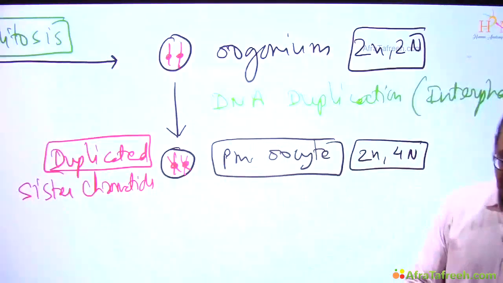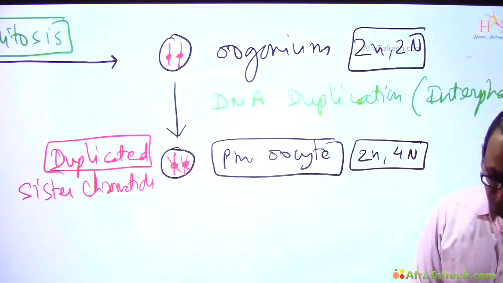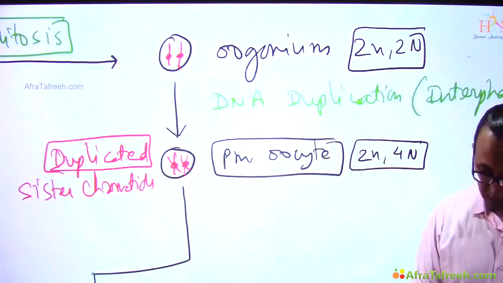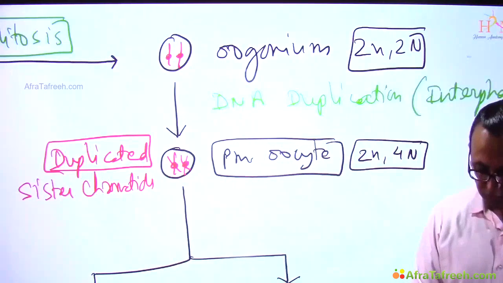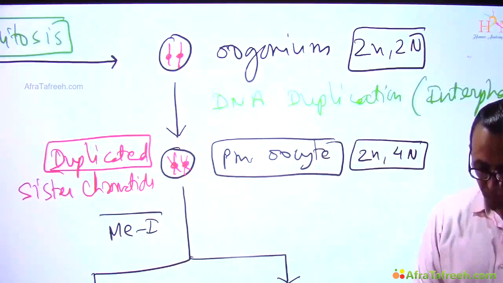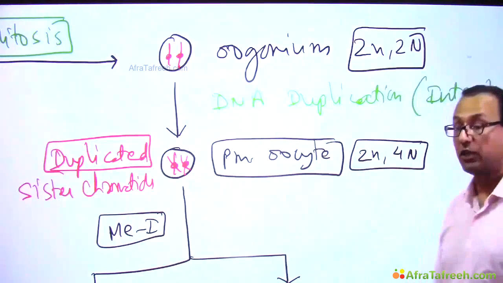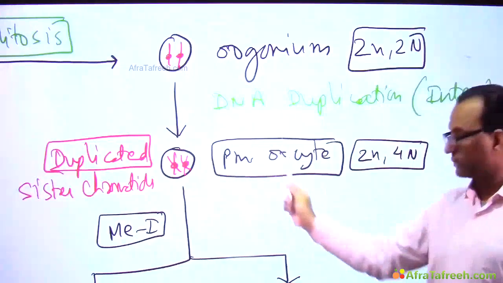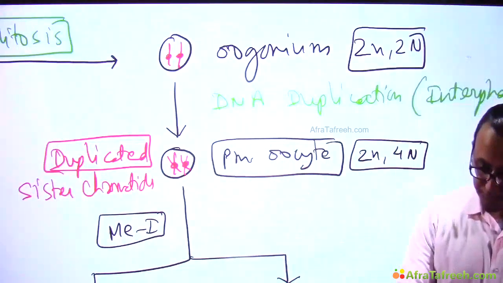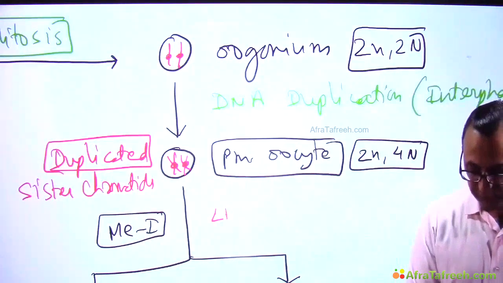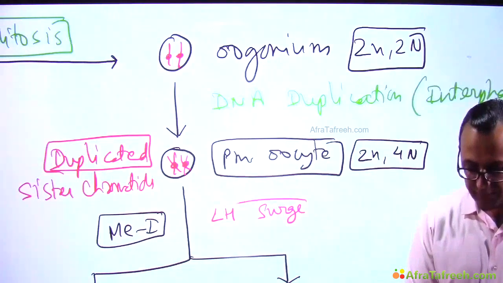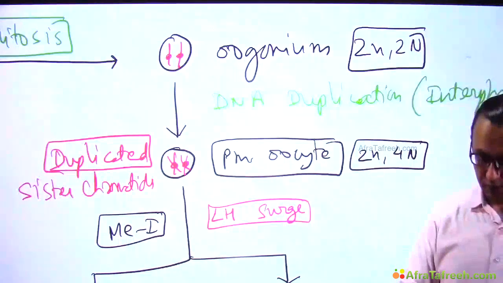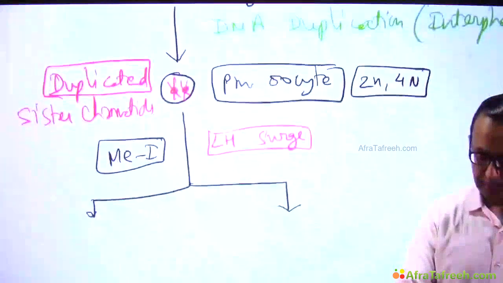Now, this primary oocyte, as it is moving further, is going to enter meiosis 1. It requires something called LH surge. So the primary oocyte must be exposed to LH surge. After LH surge, it will become the secondary oocyte. So let us draw the secondary oocyte as well.